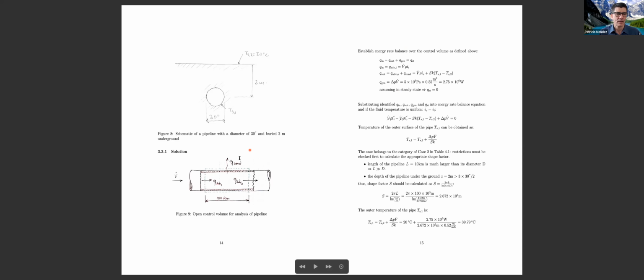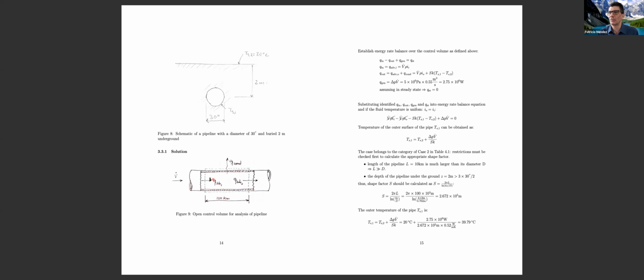So now that we have this control volume, we can write our energy balance. Q in minus Q out plus Q generated equals Q stored. Q in would be Q in by advection, and this is volumetric flow times density times the enthalpy of the fluid coming in.